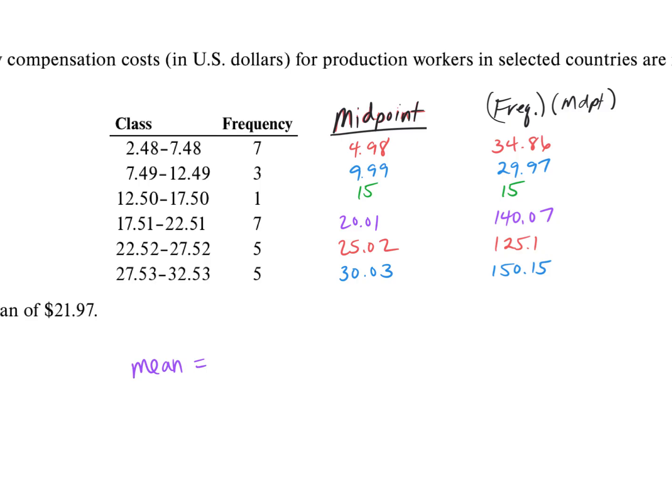And then just like with weighted average, to find the mean, you add up everything in that right column, and then divide by the total frequency.